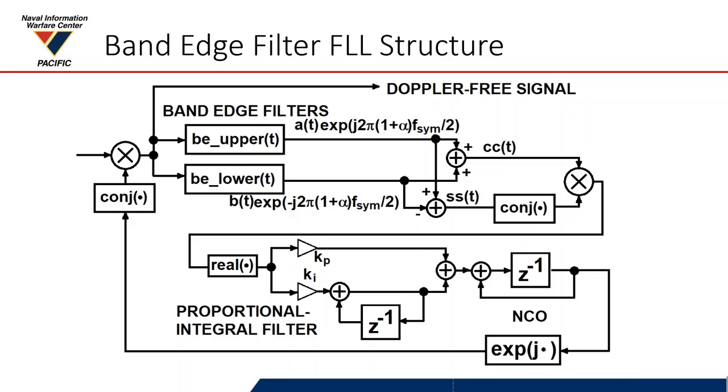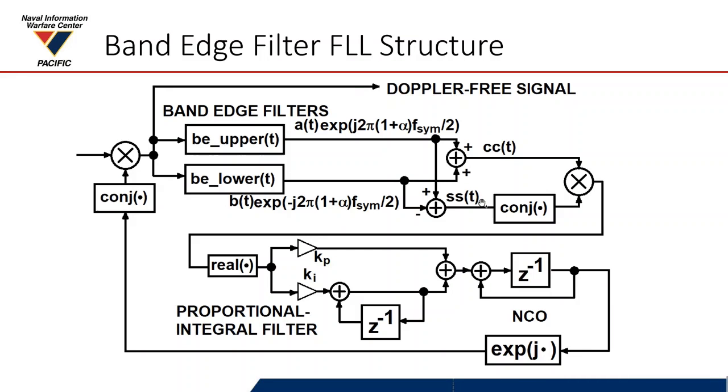This block diagram shows how to use band edge filters in a frequency locked loop structure. A way to measure the energy difference between the upper and lower band edge filters is to take the sum of the band edge filter outputs and multiply it by the complex conjugate of the difference of the band edge filter outputs.